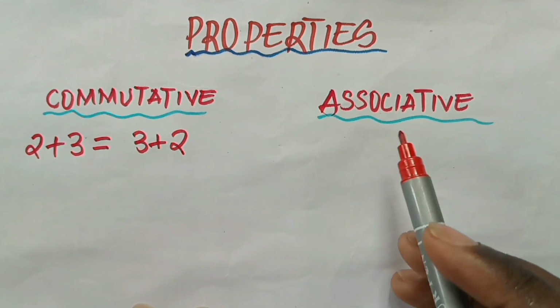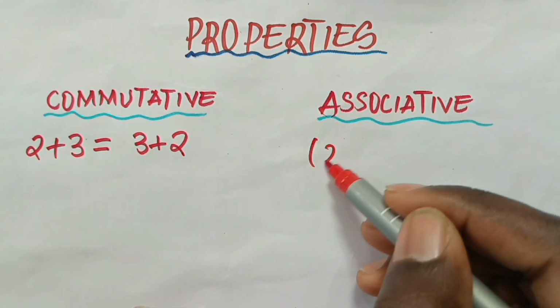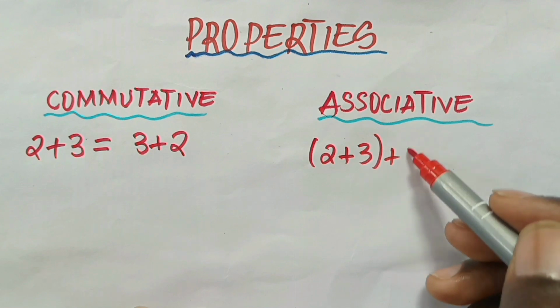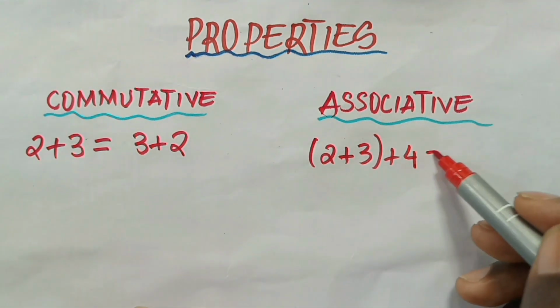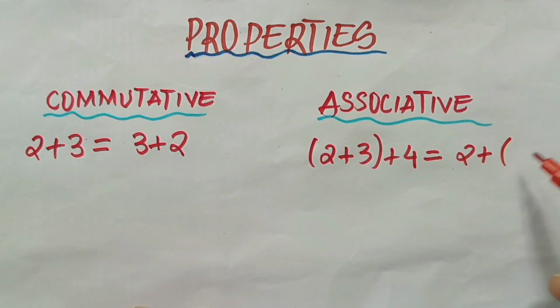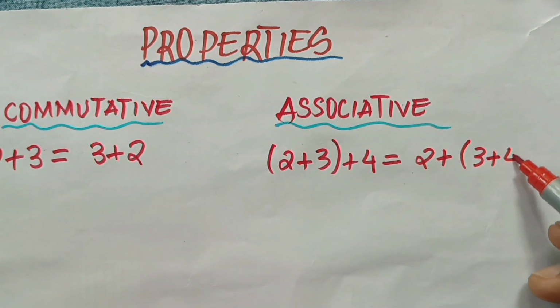And here in associative, you have, for example, 2 plus 3 plus 4 is the same as writing 2 plus 3, plus 4.